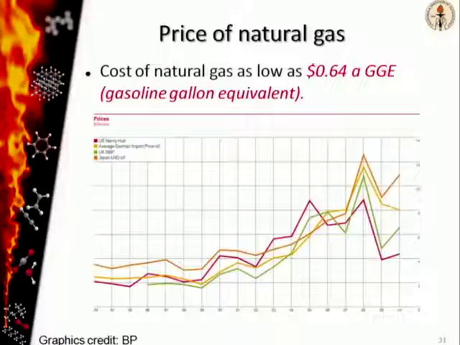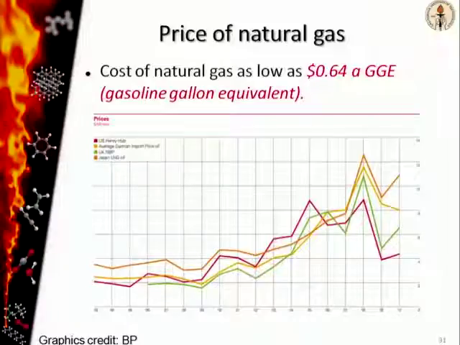If you look at the price of natural gas, again, you have prices for natural gas in the United States, the German import price, and the price of natural gas in the United Kingdom and Japan. You find that pretty much all of them tend to correlate with each other, and the price of natural gas, which used to be kind of dormant for a long amount of time, has started to increase in recent years.